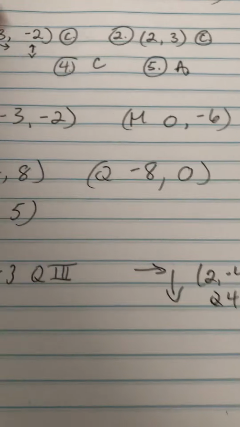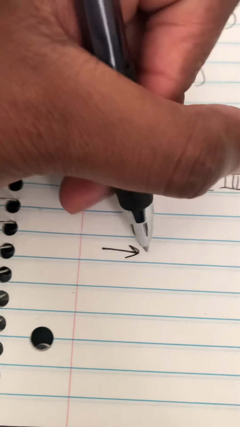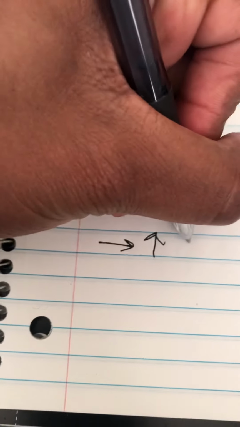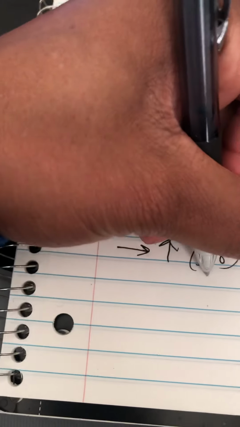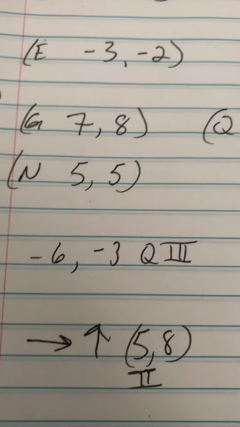All right, and then 5. Over 5 and then up 8. Over 5, up 8. That is going to be quadrant 2. Quadrant number 2. All right, and then B.